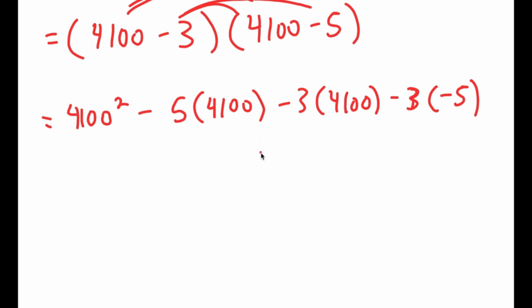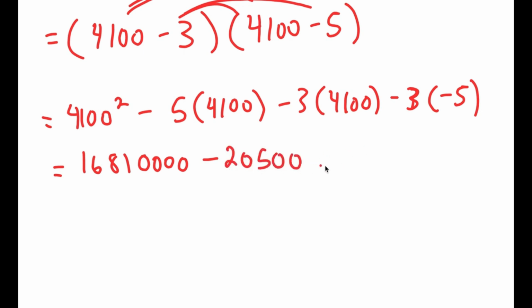So now 4,100 squared is equal to 41 squared plus 4 zeros. 41 squared is 1,681, so I'm just going to add 4 zeros to the end there. And then minus 5 times 4,100, I can just say this is 5 times 41, which is 205, and then add 2 zeros.